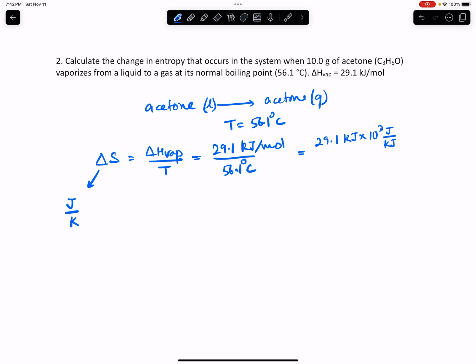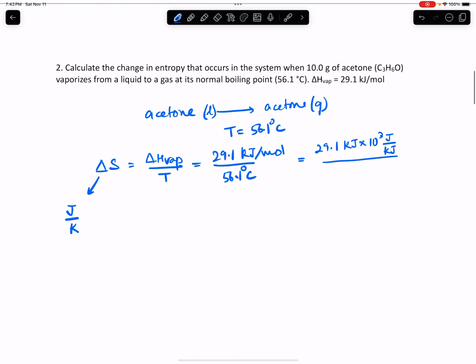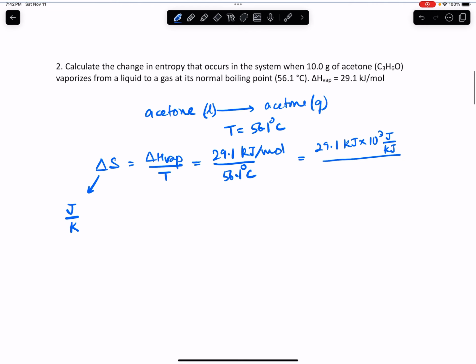That should effect the conversion. Then we have to change the temperature to Kelvin. So for 56.1, we need to add 273 to that, and that becomes Kelvin.